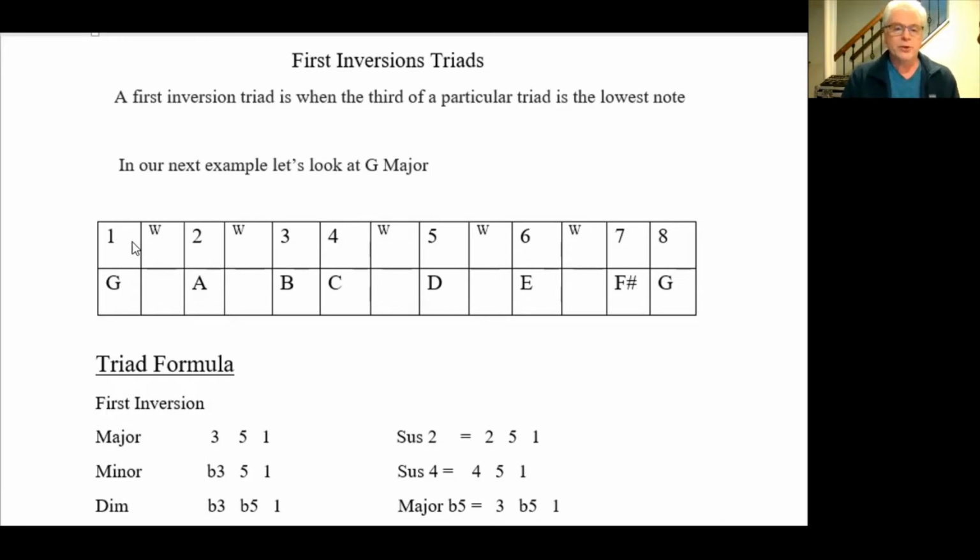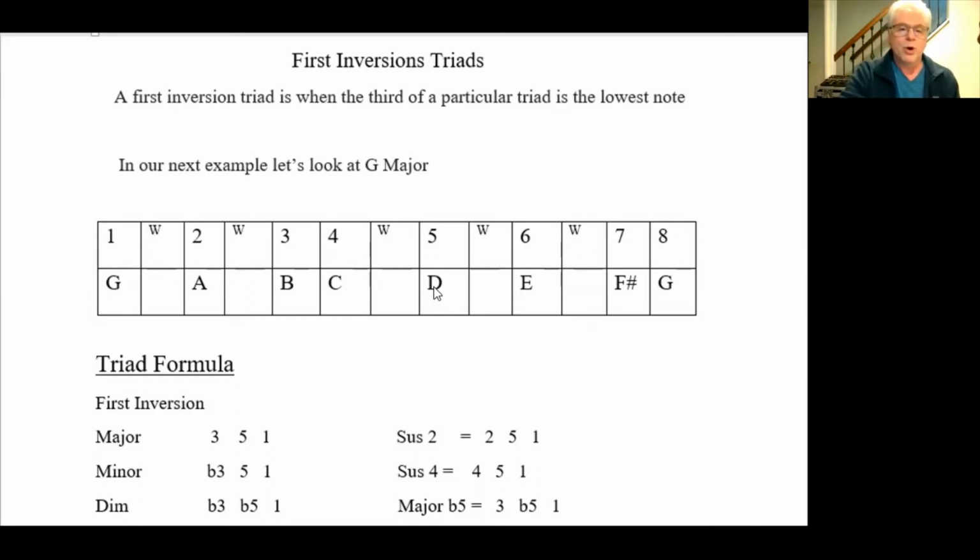If we review our triad formula, we can start with the major. If you remember from our last video, the major triad is the 1, 3, 5 of the major scale. So a G major triad would be G, B, and D. But this time we're going to use first inversion.